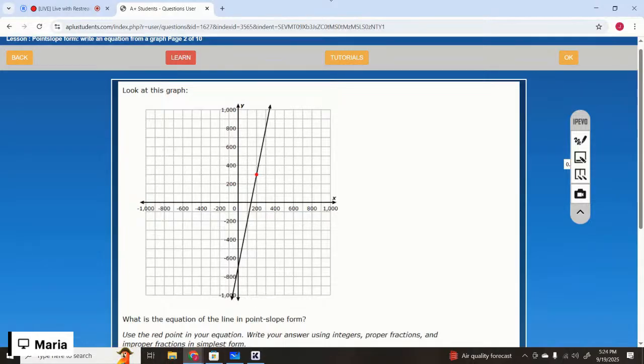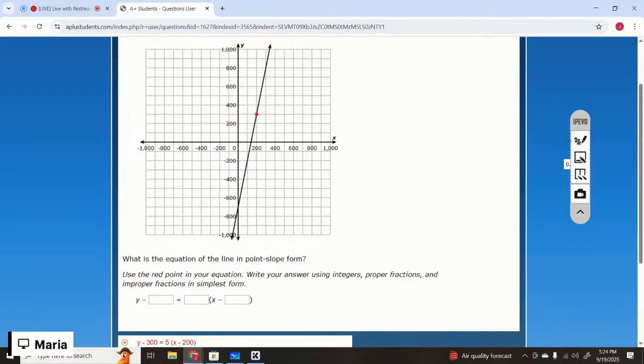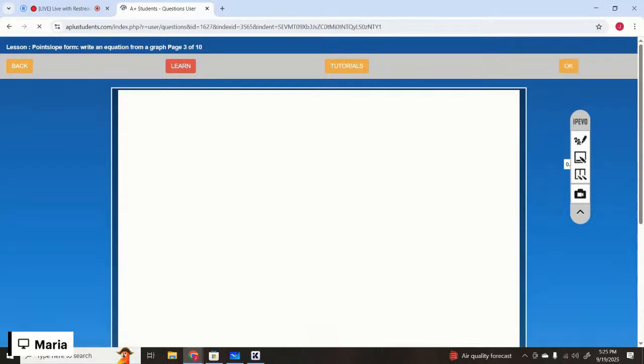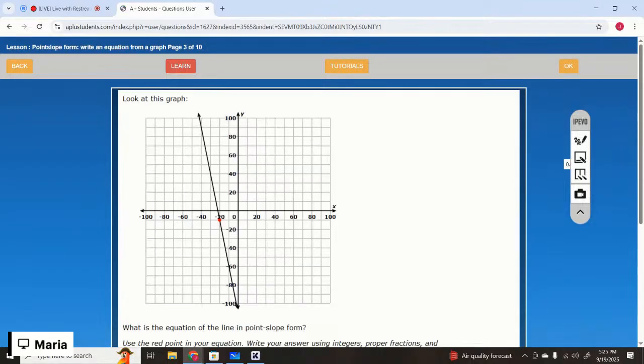Okay, look at this graph. Okay, that is the same question. So first thing is we need to find the slope.